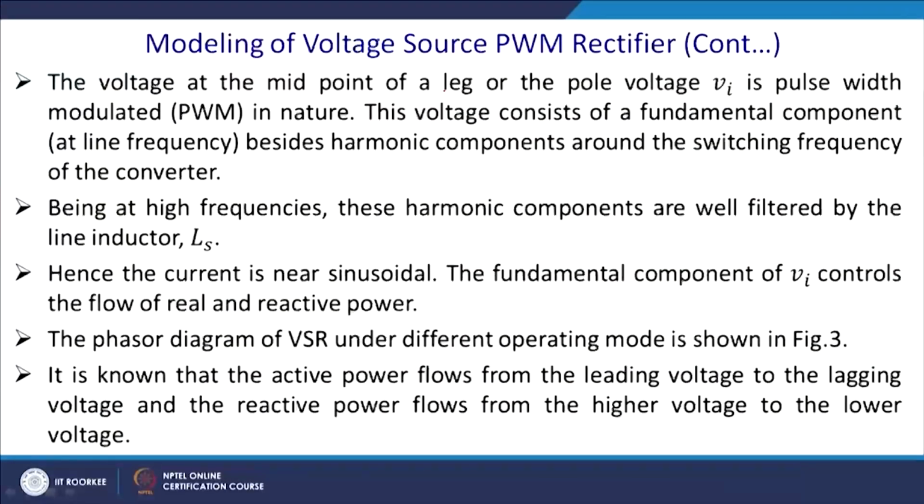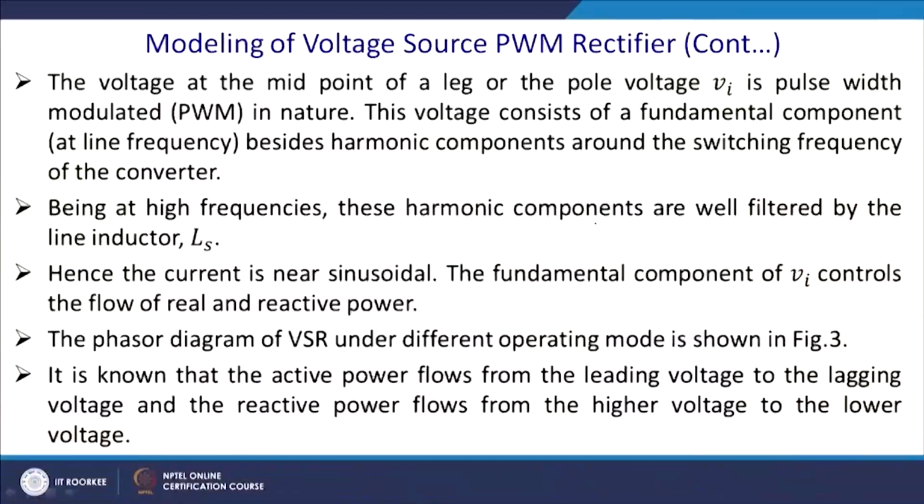The voltage at the midpoint of the leg, the pole voltage Vi, is of a pulse width modulation PWM nature. This voltage consists of the fundamental component of the line frequency besides the harmonic component around the switching frequency of the converter. So, this will have a problem of the voltage THD being higher, but since it has an inbuilt low pass filter, the current THD will be lower.